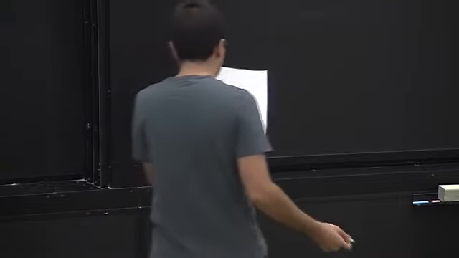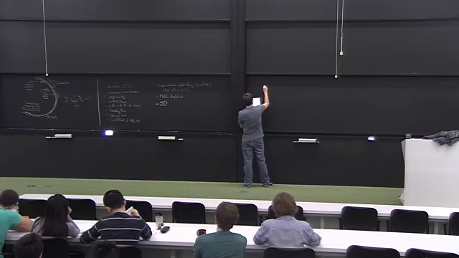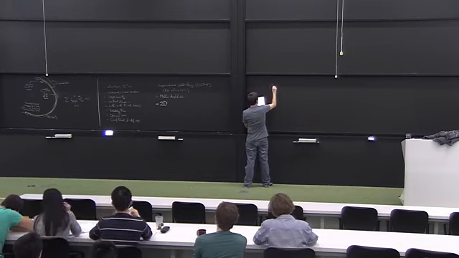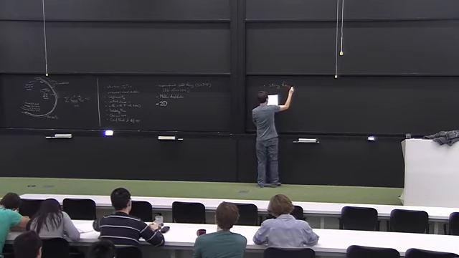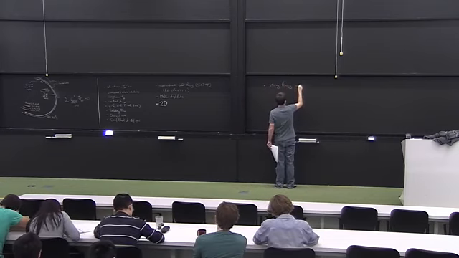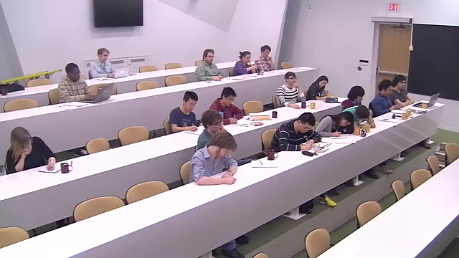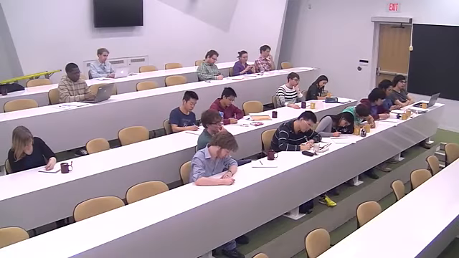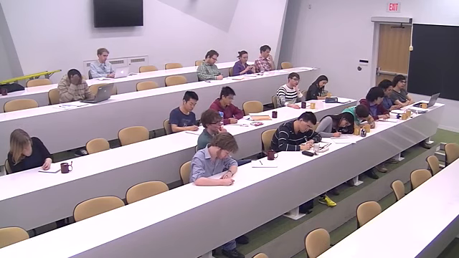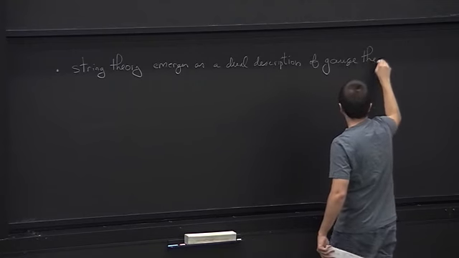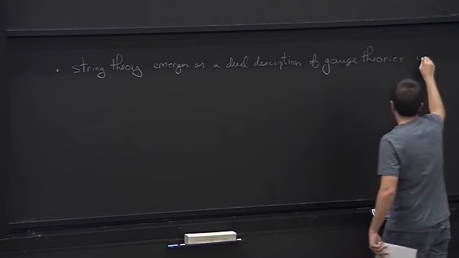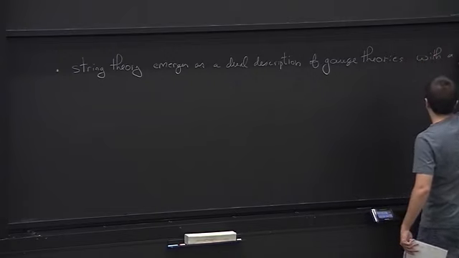So what I want to motivate is the statement that string theory emerges as a dual description of gauge theories with a large number of colors.